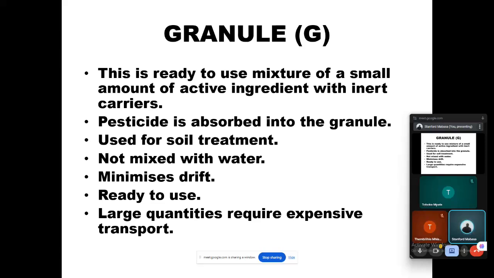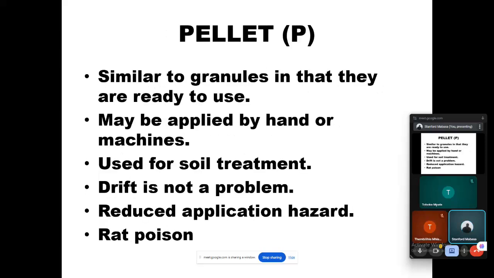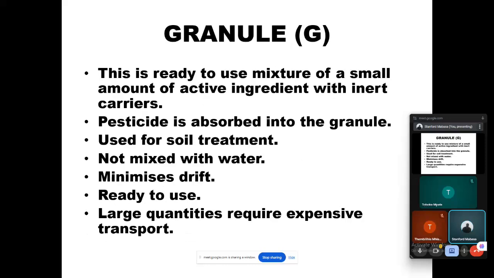It was nice because it didn't require water and so forth. But in this country, they've stopped manufacturing it. I don't know why. Maybe it's expensive. So granule, okay.